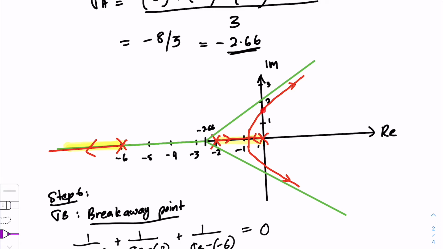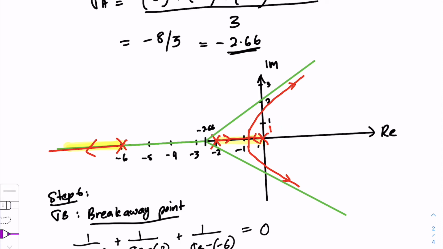So at that point, k cannot be 0; that point must have a value. The value we found just now, when k equals 0, must reflect your poles. You see, you have poles on your imaginary axis here, isn't it? That is when k equals 0, not when you cross your imaginary axis. So that is what we're going to find out.